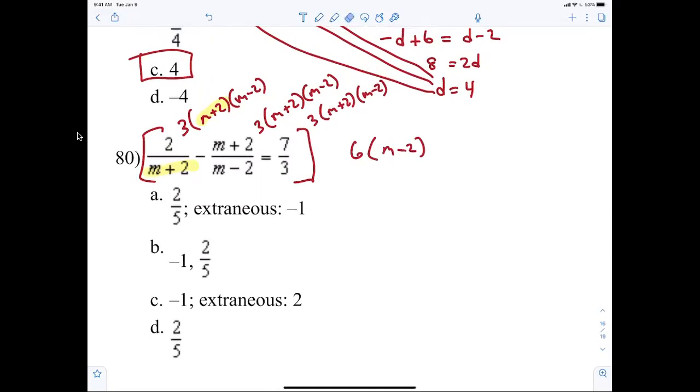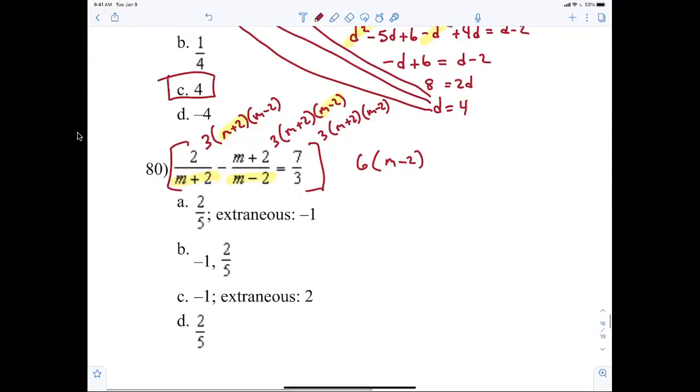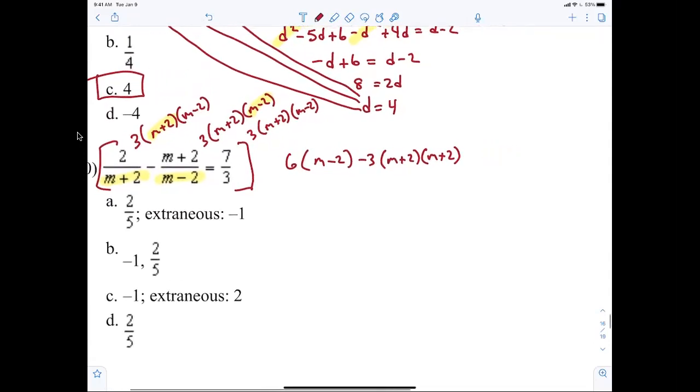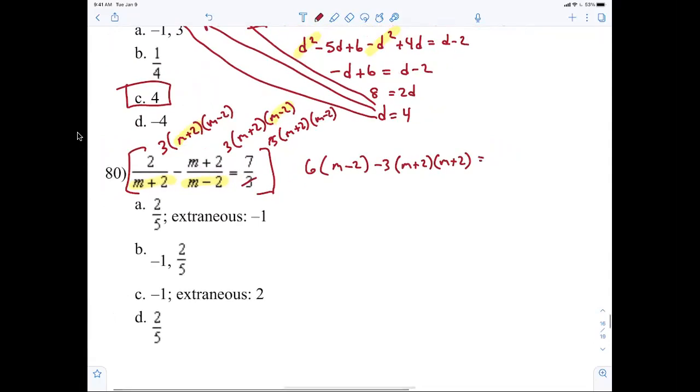And here, the m minus 2's cancel. So now, negative 3 times m plus 2 times m plus 2. And then here, just the 3's, equals 7 times m plus 2 times m minus 2. Yeah, that's really annoying.